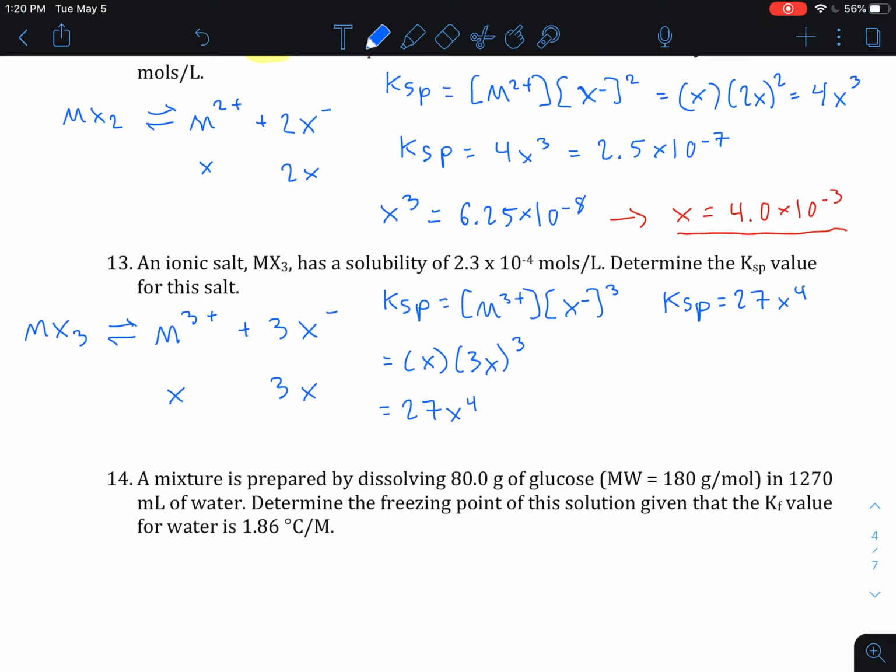When we tidy that up, it becomes 27x to the fourth. So now, knowing that Ksp is 27x to the fourth, in this case, I plug in x and solve for Ksp. So Ksp is going to be 27 times 2.3 times 10 to the negative fourth raised to the fourth power.